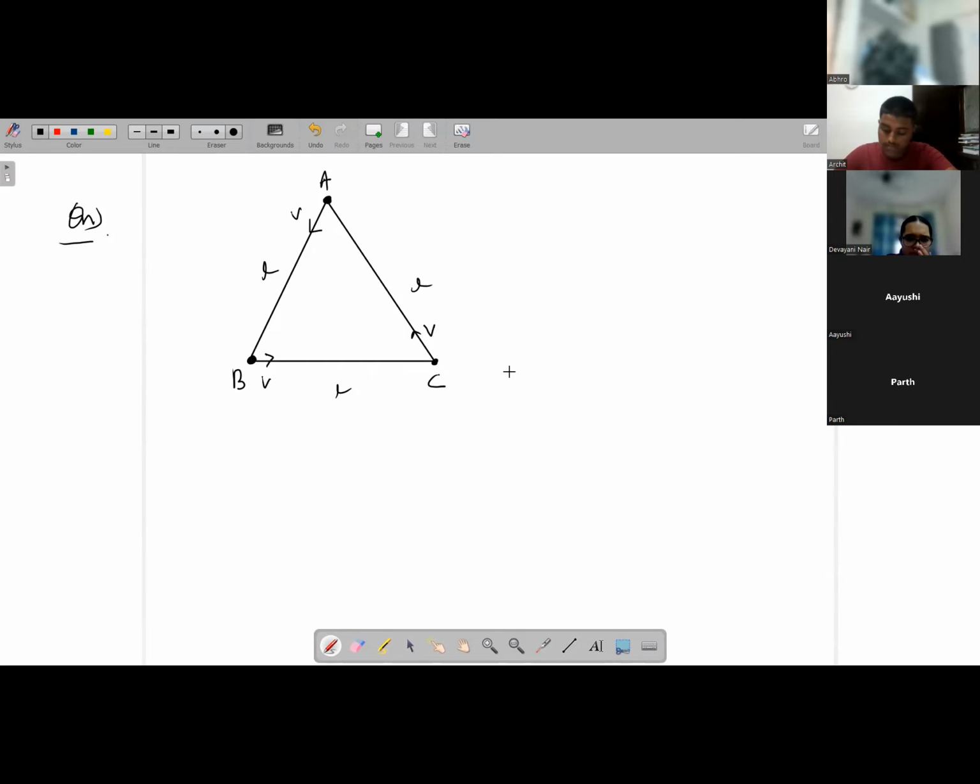And A will always head towards B, B will always head towards C, and C will always head towards A. See, B is here, so A is moving in this way. After some time B will come over here, so A will have this kind of direction. Always, A will always point towards B. Similarly, C will always point towards A, and B will always point towards C.